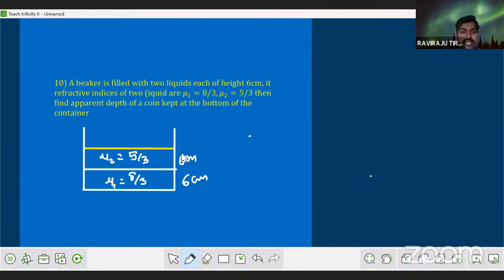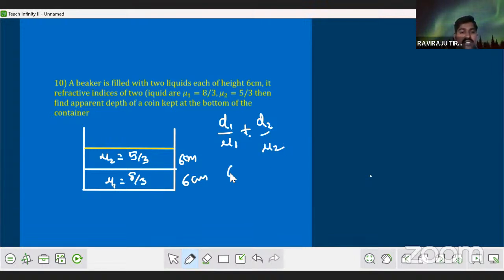Then they're asking us to calculate the apparent depth only. How can you calculate the apparent depth? It is nothing but real depth by mu. When the observer is in the rarer medium, what is the general formula? Real depth, whatever it is, d by mu. But two liquids are given, na? So what is that? d1 by mu1 plus d2 by mu2.